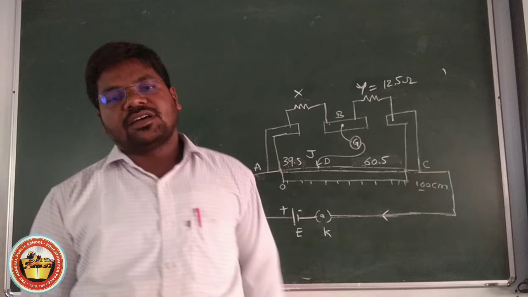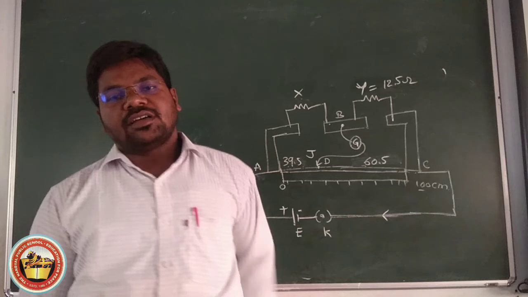Coming to question A. In a meter bridge as shown in the figure, the balance point is found to be at 39.5 centimeter from the end A, when the resistor Y is of 12.5 ohms. Determine the resistance of X. Why are the connections between resistors in a Wheatstone or meter bridge made of thick copper strips?